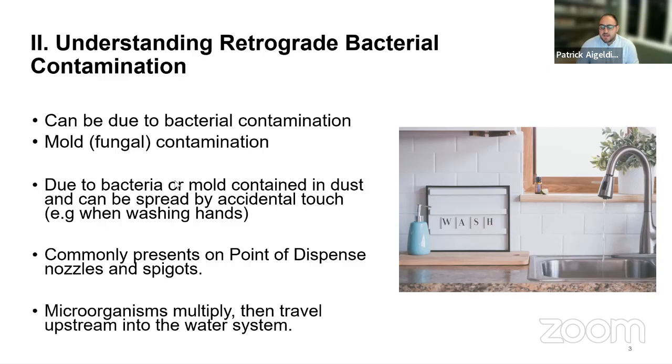A lot of times the mesh that's actually used for aerators is a great bed for growing bacteria or mold. Microorganisms can multiply and then travel upstream in the water system, causing issues in the filter matrix earlier in the system, or just growing biofilm in the pipes themselves.